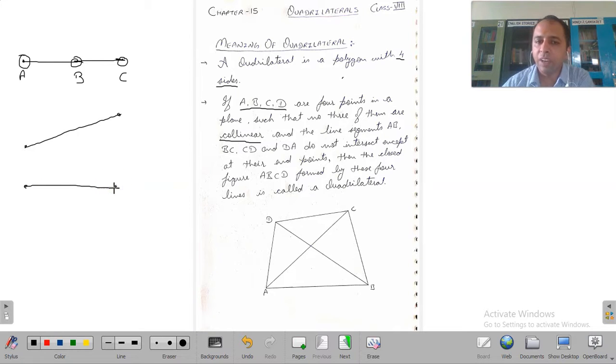That's why we have written that no 3 of them are collinear, and the line segments AB, BC, CD and DA do not intersect except at their end points. If this condition is fulfilled, then the closed figure ABCD formed by these 4 lines is called a quadrilateral.